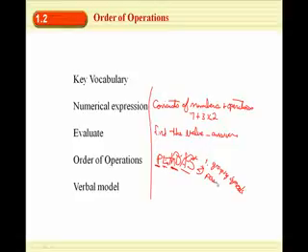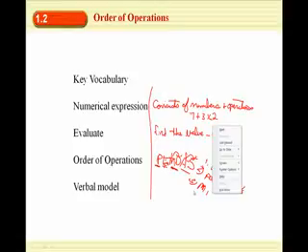Do the powers and the exponents, that's the E. And then number 3, you multiply and divide, from left to right.